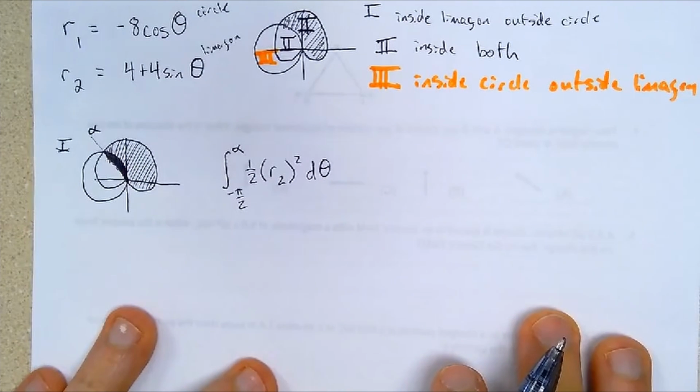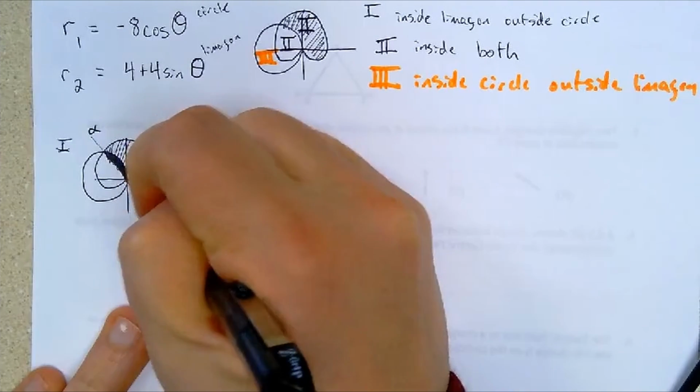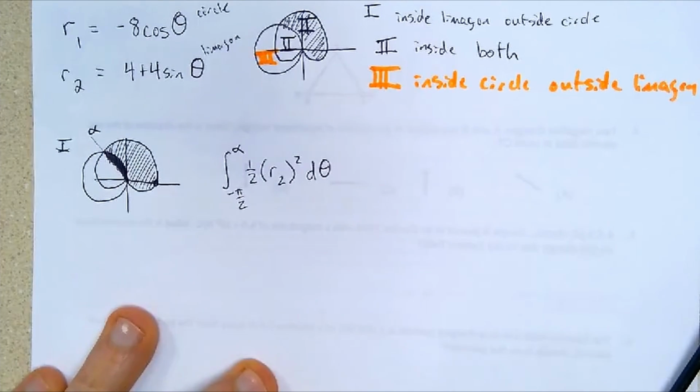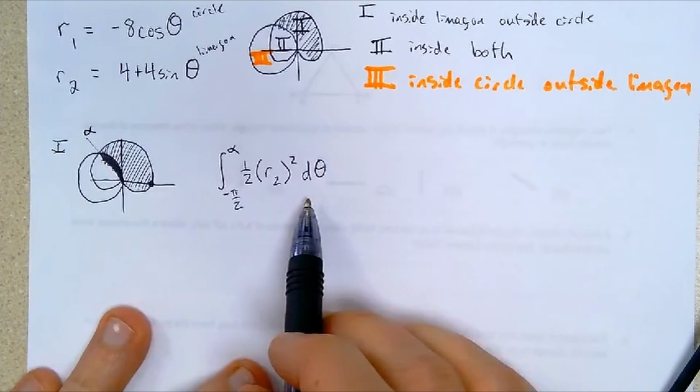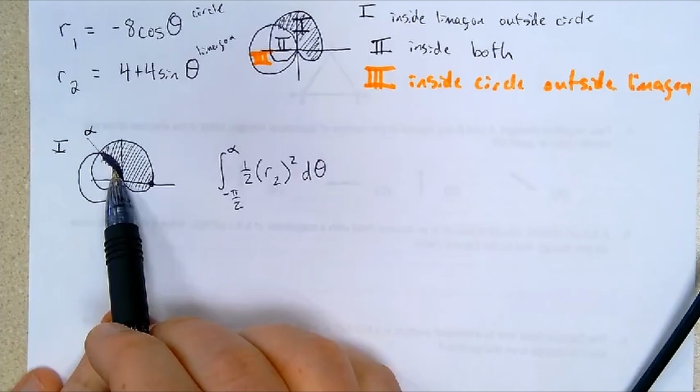Because when we start drawing this limaçon, this is at angle 0. But if we want to get that bottom region, we need to start at angle -pi/2. So right now, this integral expression represents the striped zone and the black zone.